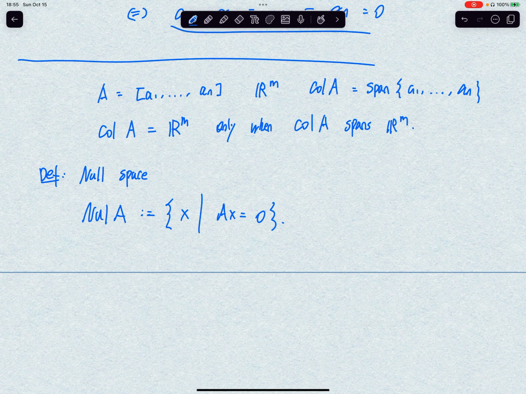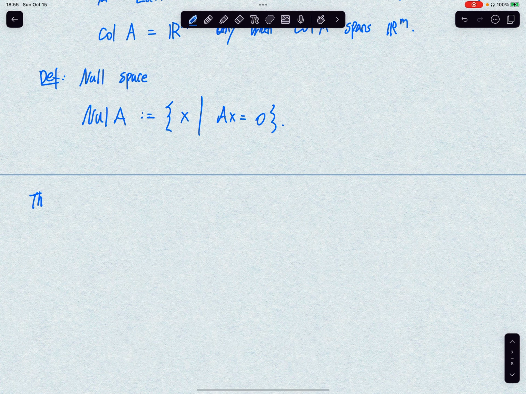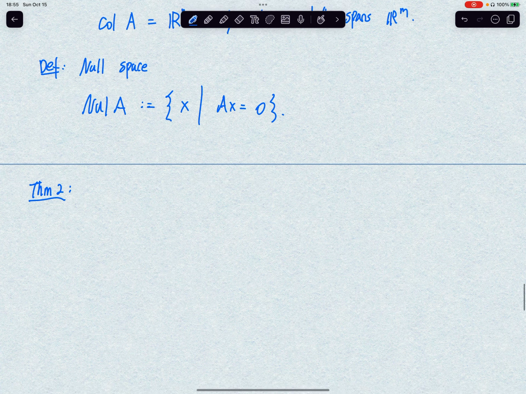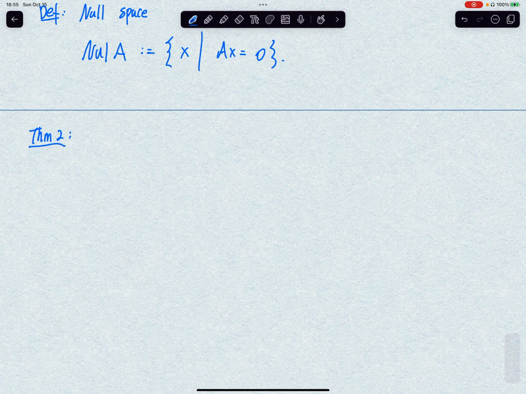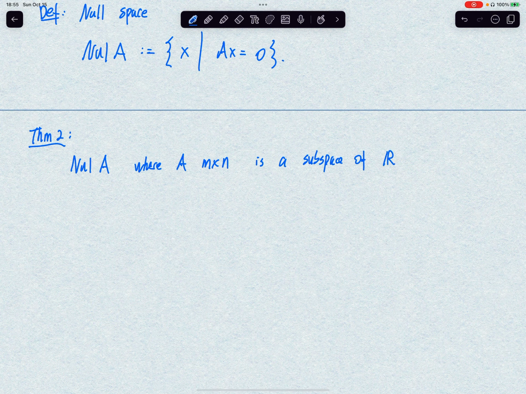And now we shall prove a theorem which turns out to be very useful. So the null space of an m by n matrix is a subspace of Rn.